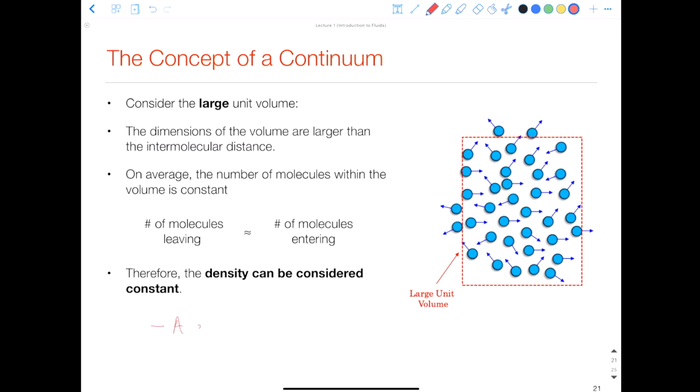A continuum is a volume large enough to approximate bulk fluid behavior.